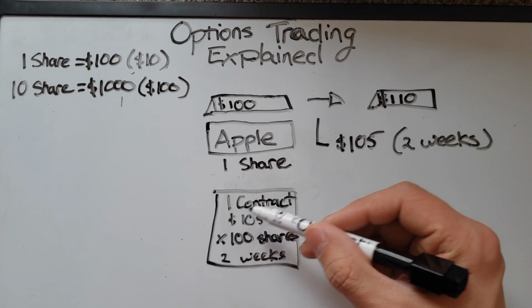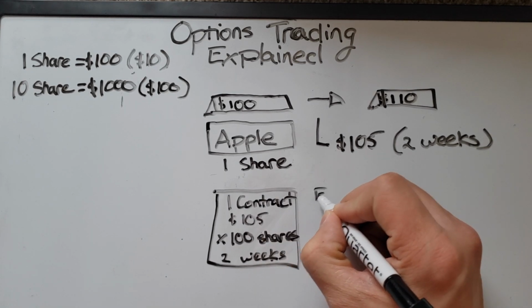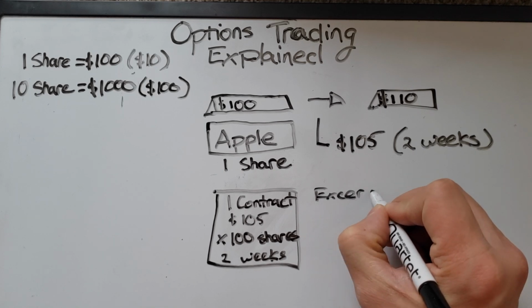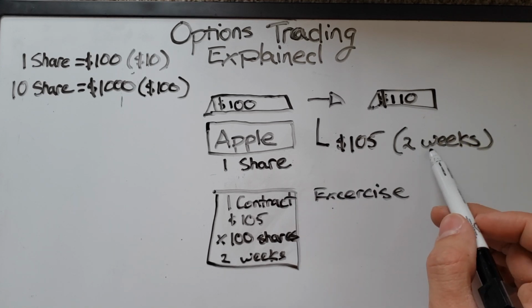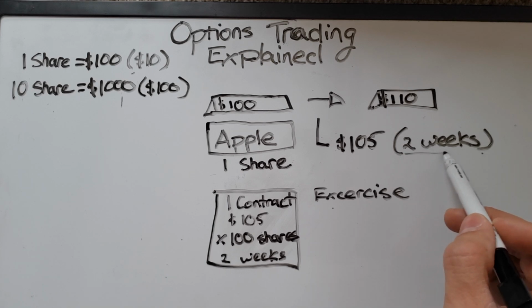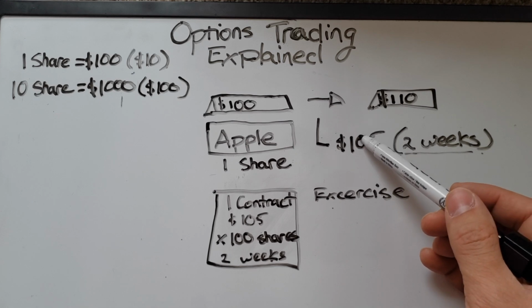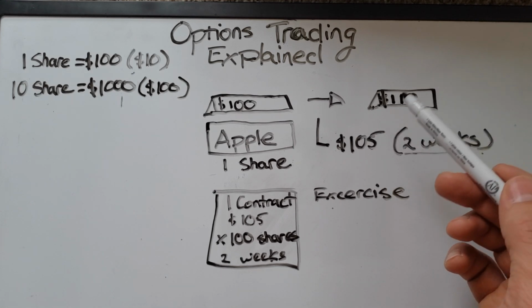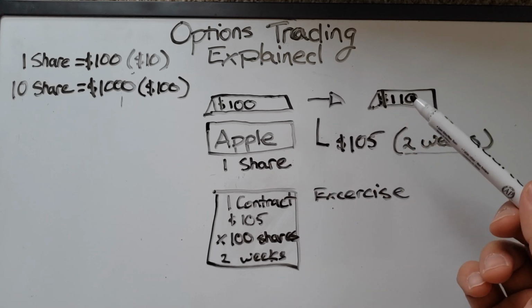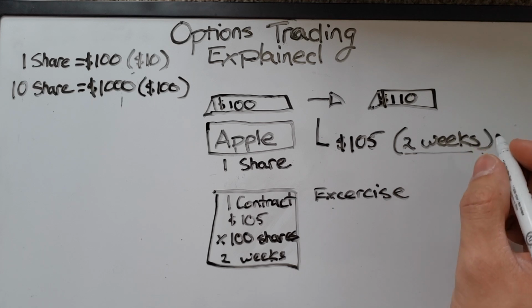You will buy 100 shares for $105, should you choose to exercise the contract. Remember, you can exercise the contract from the time you purchase till the expiry date, which is 2 weeks from now. So you say, what's the point of this? The point is to make sure that you can purchase the stock at a price you would like in the future if it goes up, and if it goes down, you can choose to let it expire worthless. The choice is up to you whether you exercise the contract or not.